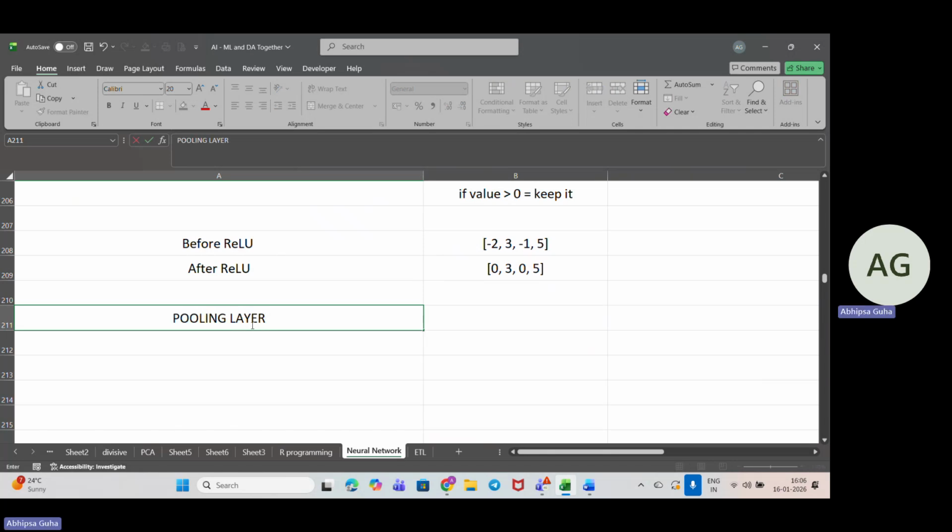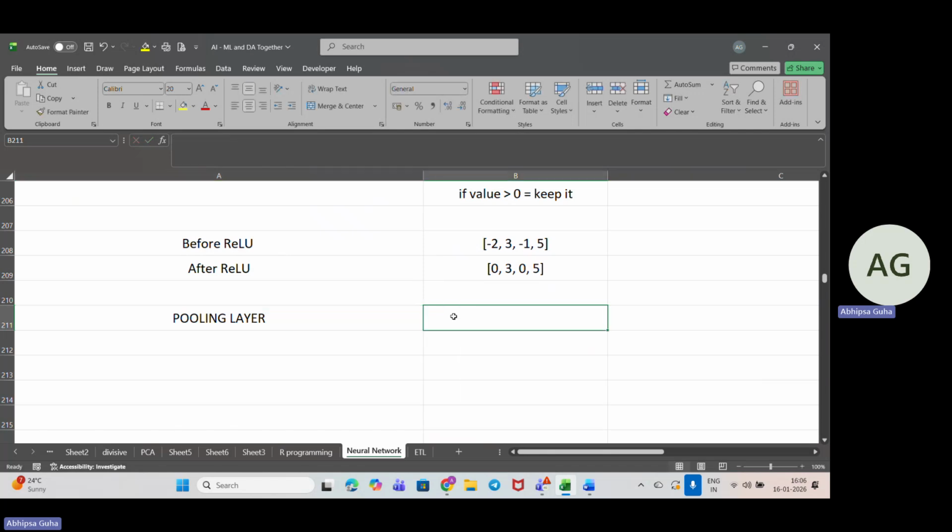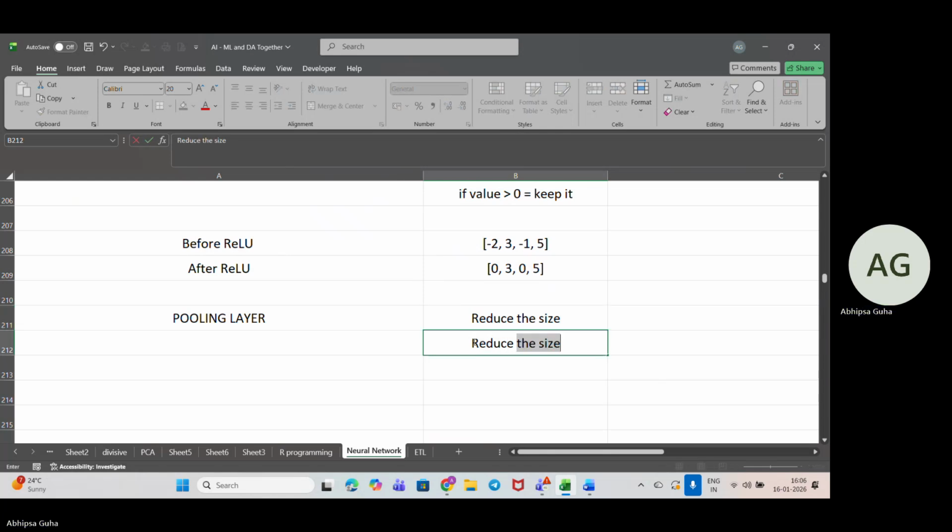Now coming down to the pooling layer. What happens in the pooling layer? The pooling layer makes the image smaller. Pooling helps to reduce the size, reduce the noise, and speed up the learning.